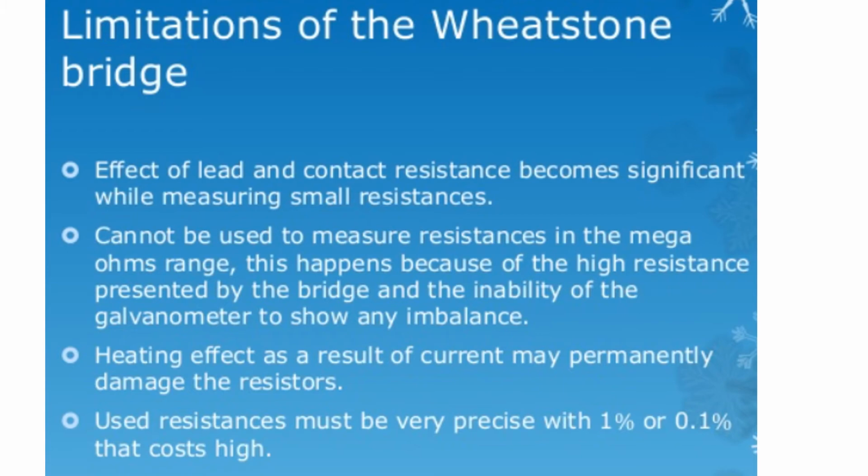This happens because of the higher resistance presented by the bridge and the inability of the galvanometer to show any imbalance. Next is the heating effect: the current may permanently damage the resistor. The resistors used must be very precise, with 1% or 0.1% tolerance, and that cost is very high.